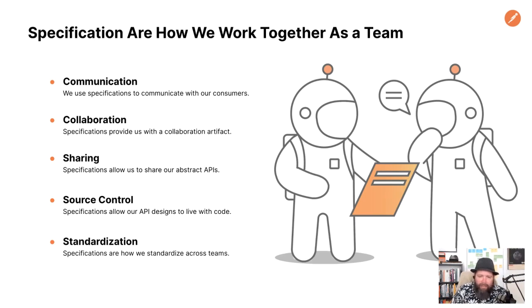So we're communicating better, we're collaborating, we're sharing, and we have these artifacts that help us understand what it means when we talk about these very abstract API concepts. And it helps us get on the same page, standardize how we do things, and then automate that through source control. And this can be done at the team level, the organizational level, but also using standards at the industry level, allowing APIs to be more consistent and iterative throughout their life cycle.